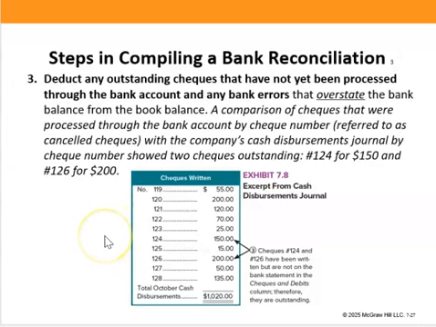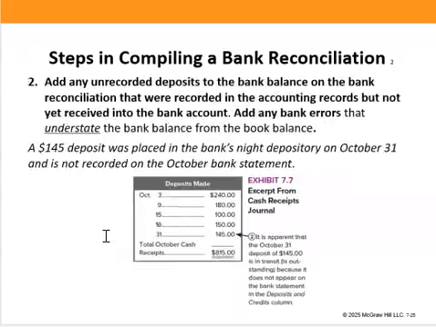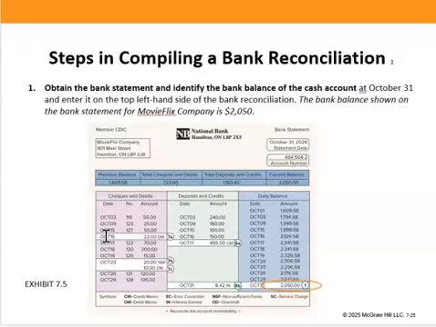Number three, deduct any outstanding checks that have not yet been processed through the bank account, and if you find any errors. Again, we look through our books, our general ledger, for our cash account compared to our bank statement, and you see any checks that we wrote but have not gone through our bank statement yet.